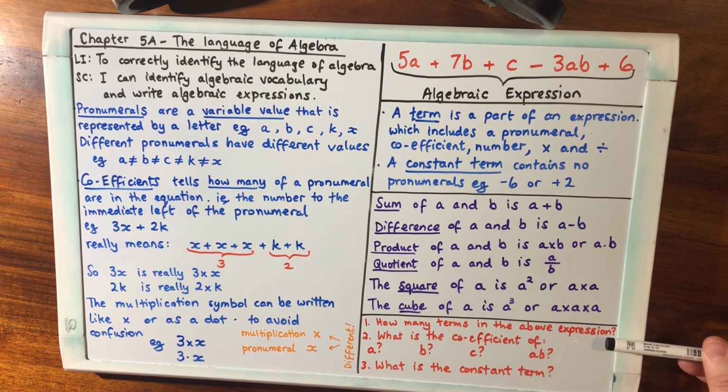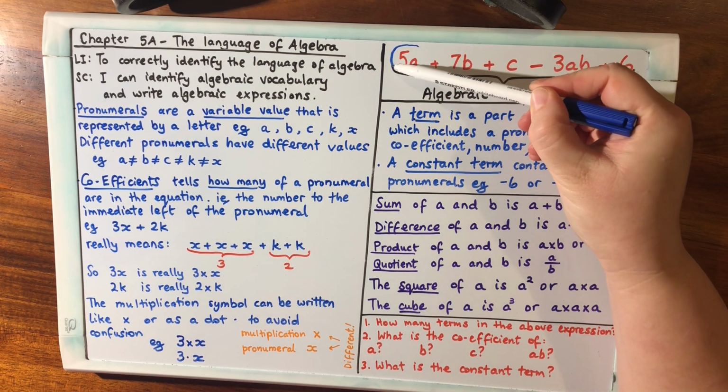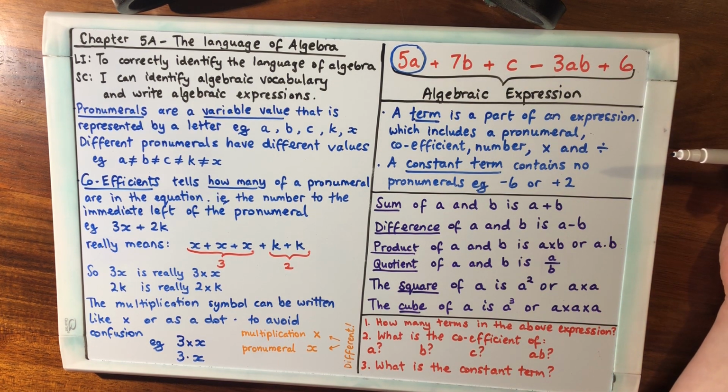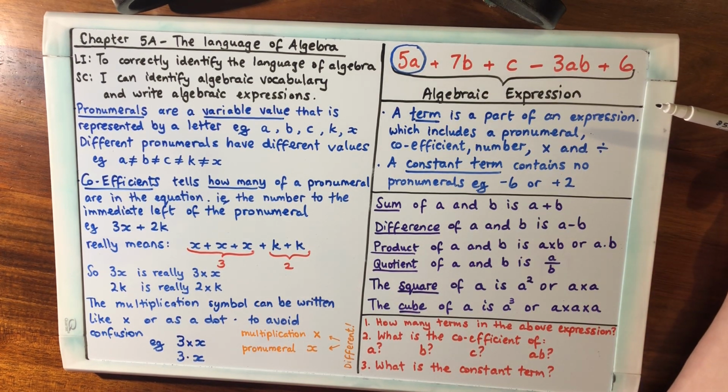So the number of terms that we have here, we have 5a, that's one term. Now I know it's positive because there's no negative in front of that 5a. If there was a negative, I would say the term was negative 5a. There isn't a negative symbol, so it's a positive 5a.